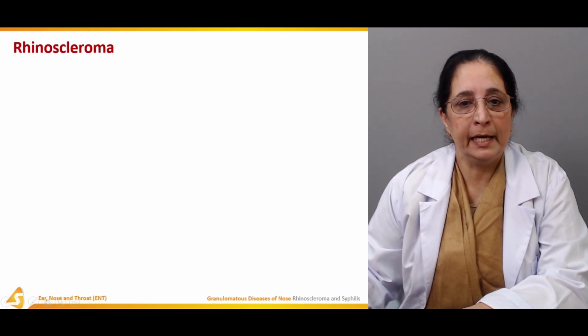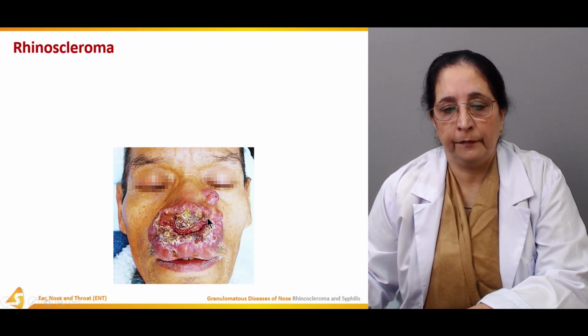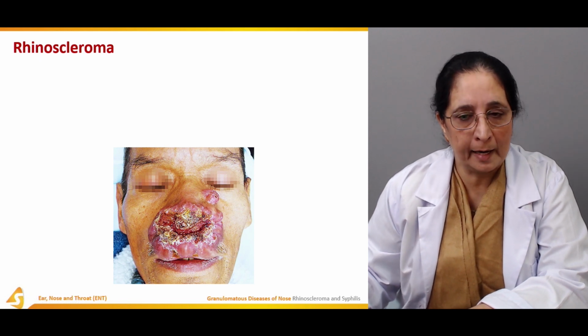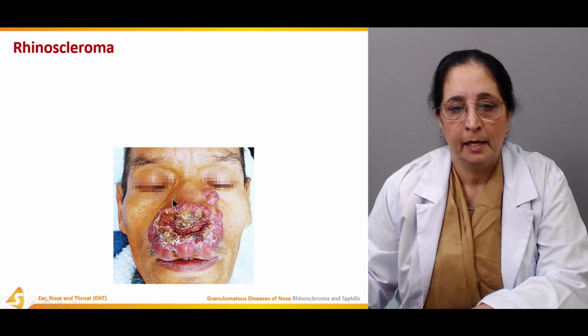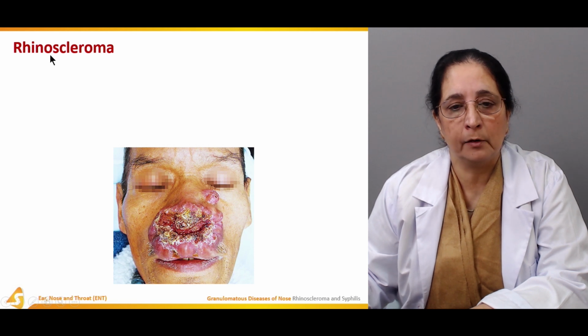So first, the rhinoscleroma. This is the picture of rhinoscleroma. If you can see, it's a really bad condition in which there is granuloma formation, and it's called the rhinoscleroma.